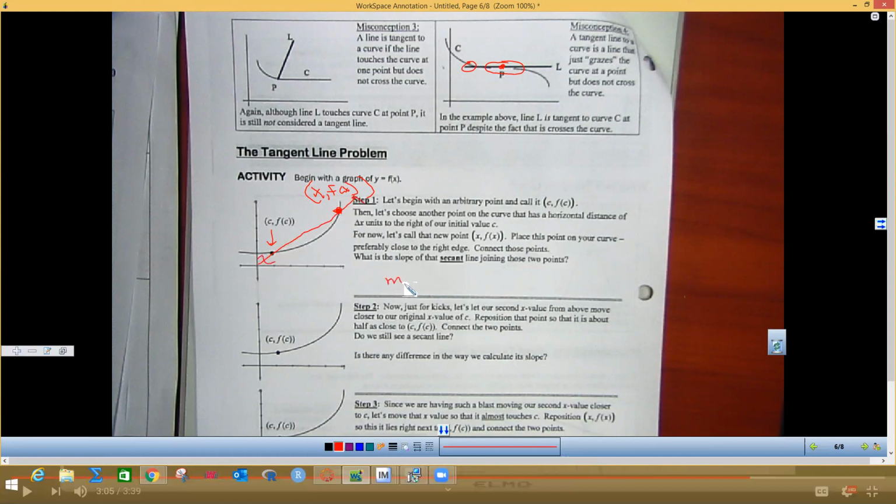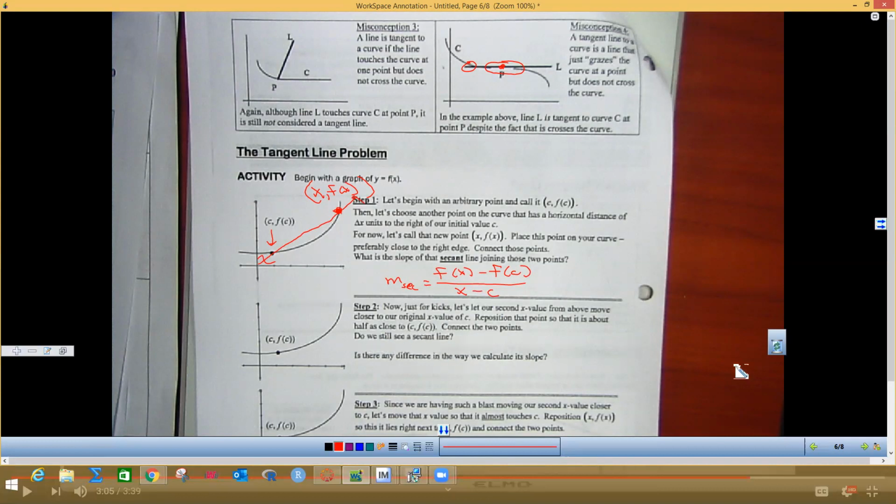So the slope of the secant, I'm going to put sec for secant, is going to equal, I hope we all know, the change in the y's over the change in the x's. So that's the equation of the secant line right there.